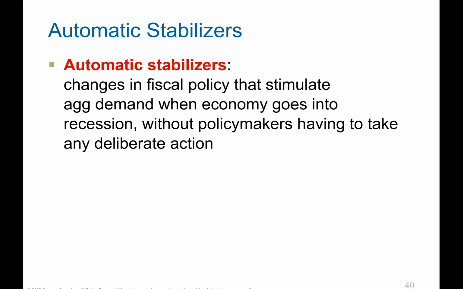Automatic stabilizers are interesting. They're changes in fiscal policy that stimulate aggregate demand automatically, just like they sound, when the economy goes into recession and without policymakers having to take any action. And the good thing about automatic stabilizers is that they don't have to go through that political process. They are built into the law.